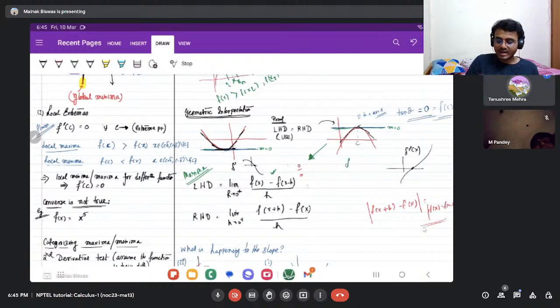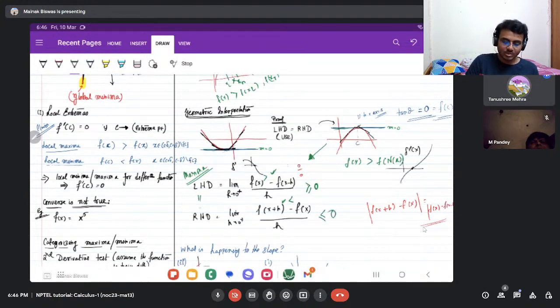You will agree f of x is greater than f of the neighborhood of x, right? So this is greater than 0. It can be greater than or equal to 0 also. Similarly, f of x plus h is also less than f of x, because this is the maxima. So this is less than 0.